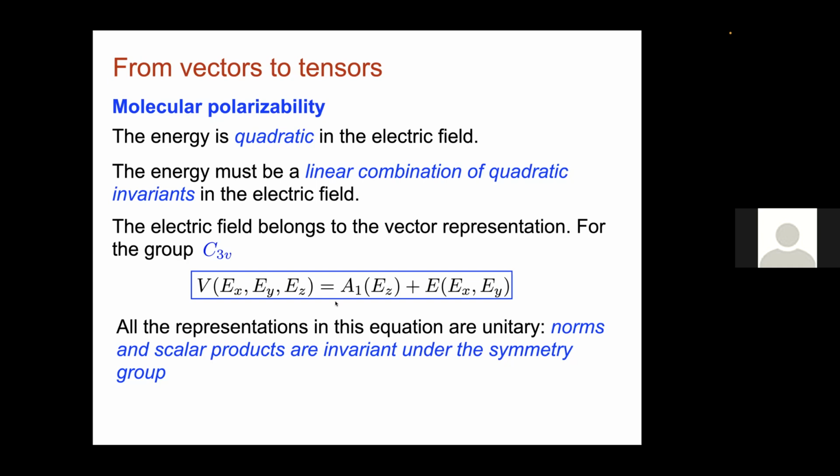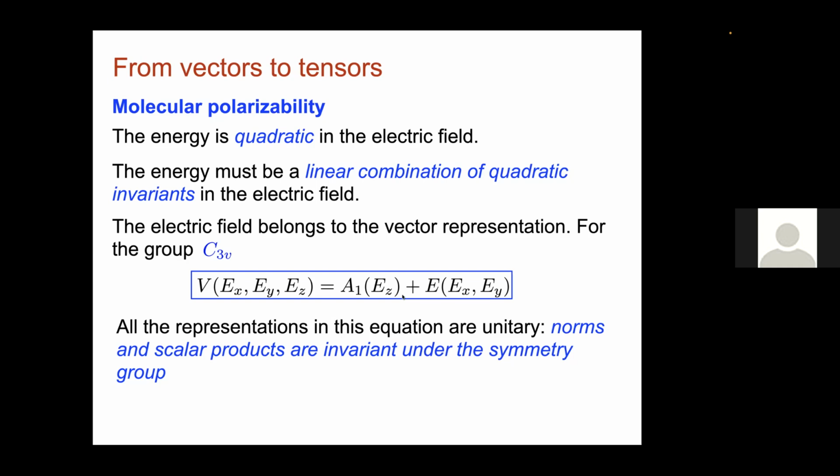So when you use tables of irreps, the irreps that you find are always unitary, just because this is very convenient. Okay, so any representation of a finite group, you can always find an equivalent representation which is unitary.